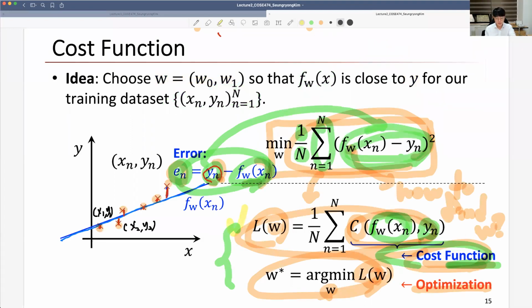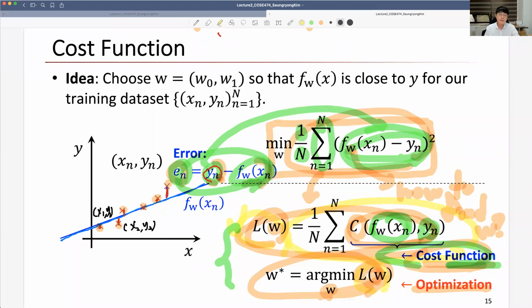The cost function is the distance here, and the loss function is the aggregation of the cost function. But we can also call this L(W) a cost function. There is no definite exact terminology, so we can use the cost function, the loss function, or the energy function simultaneously. And our goal is to estimate the W that minimizes this cost function.